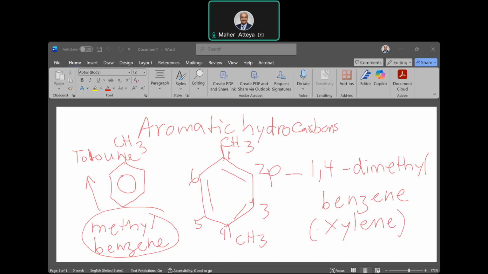So this is called para-xylene or para-1,4-dimethylbenzene. Now, if we have a 1,4, we can have 1,2 and 1,3, correct? So let's look at this.